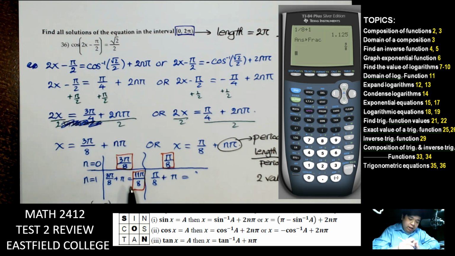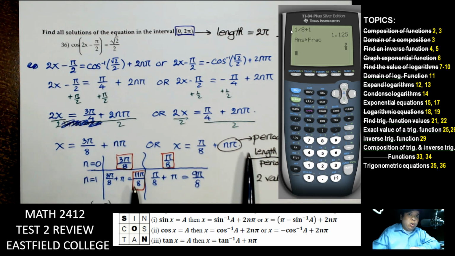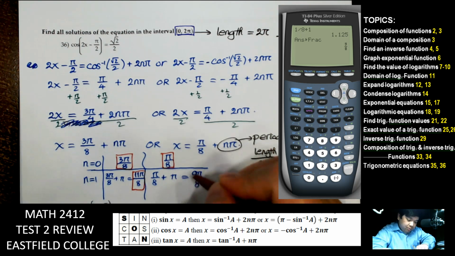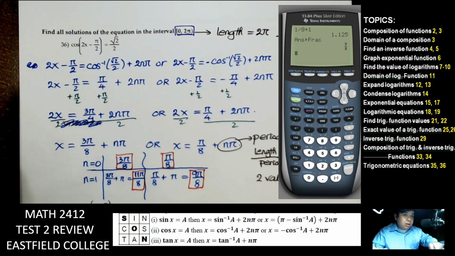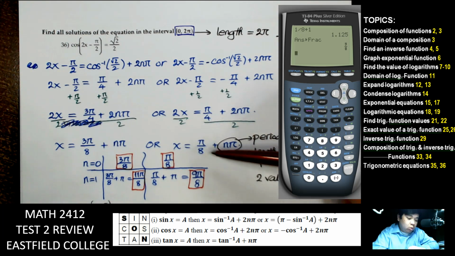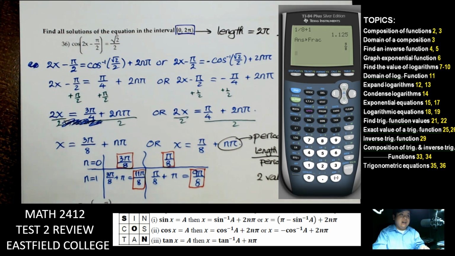So change the fraction, 9 over 8, so 9 pi over 8. This is, of course, equal to 1.125, which is less than 2 pi. So that solution is good. And we have 2 values for n for this one, and 2 values for n of that one. So that's all we have.